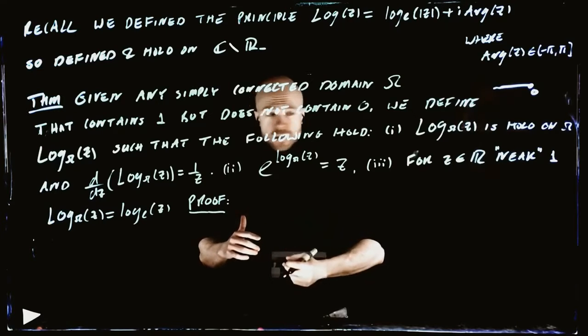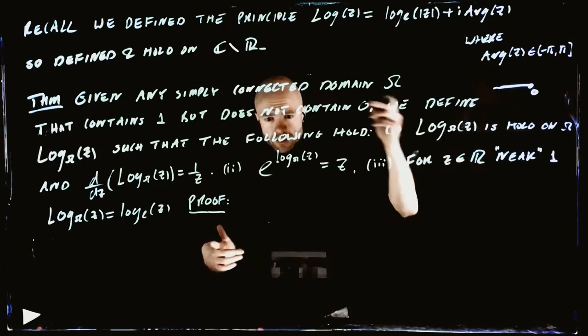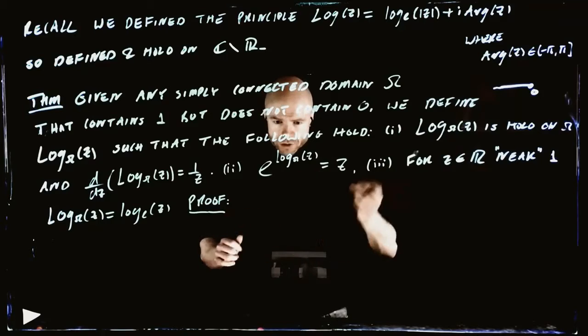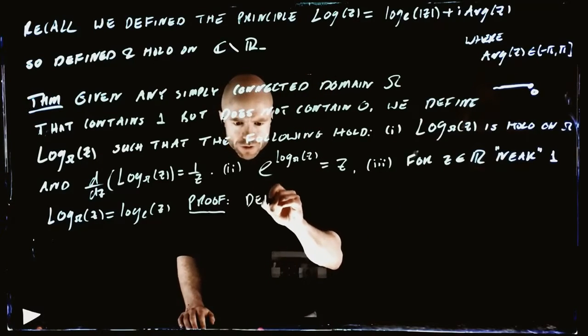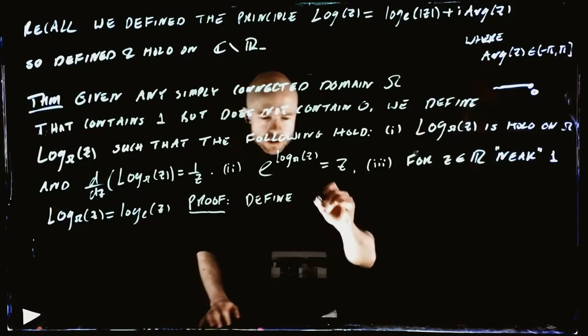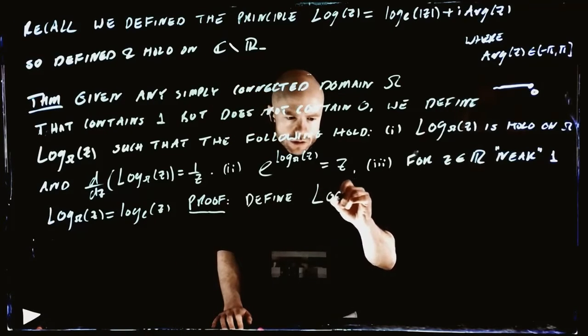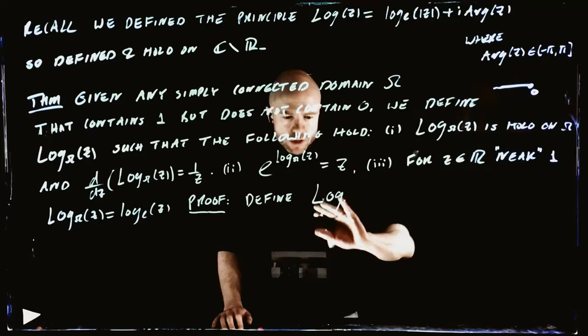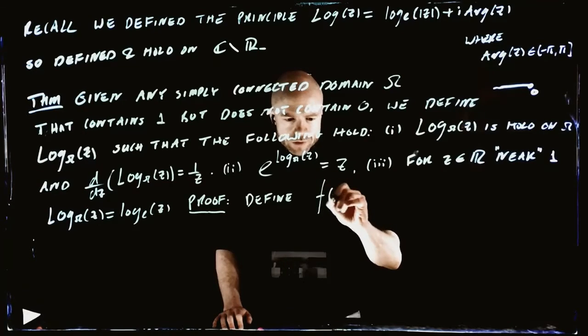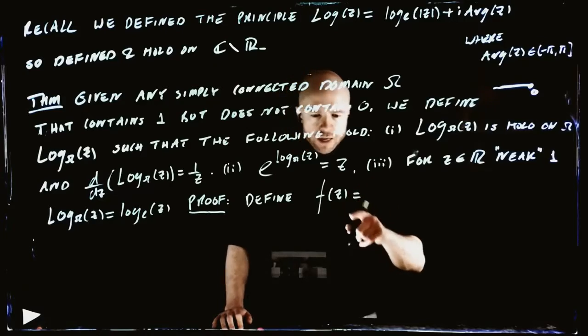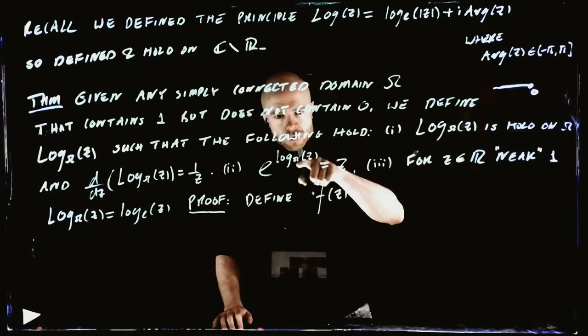Since we are excluding 0, the function 1 over z is a nicely holomorphic function on our domain. So let's define log Omega. Actually, I'm going to write f of z because it's just easier to write this. And later I'm going to say f of z is this log Omega of z.